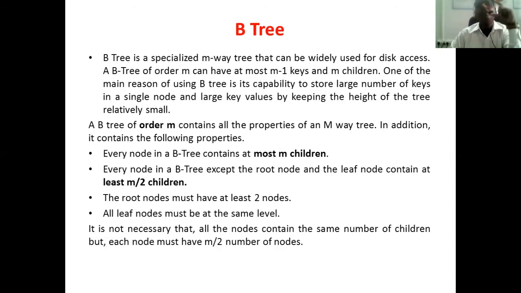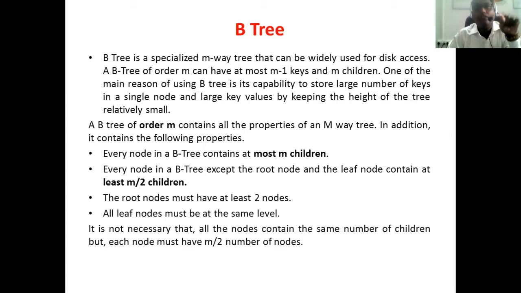Suppose the order of the tree is M. Suppose the order of the tree is 5, if you are going to consider the B tree of order 5. It means that a particular node consists of M minus 1 keys. How many key values will the particular node contain?